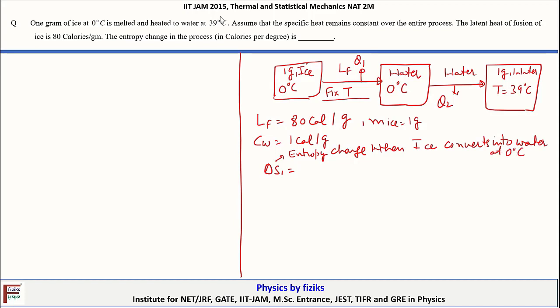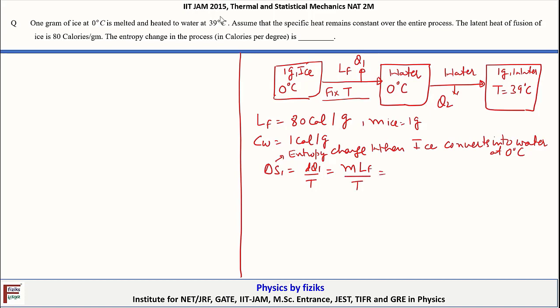So delta S1 is equal to dQ1 by T. What is dQ1, which I have written earlier as Q1, it doesn't matter. This is the mass of the ice multiplied by the latent heat of fusion divided by the temperature at which that process is taking place.